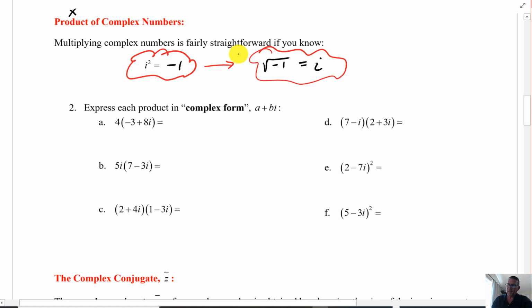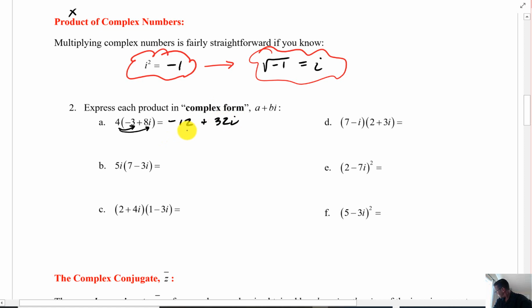But if you know that i squared is negative 1, then you can multiply all of these complex numbers together, and it's pretty straightforward. So let's go for it here. And again, I'll pause and play through this portion of the video. So go at your own speed and pause and play. So let me multiply here, and let me model the first one. So 4 times negative 3 is negative 12, and then 4 times 8i is 32i.